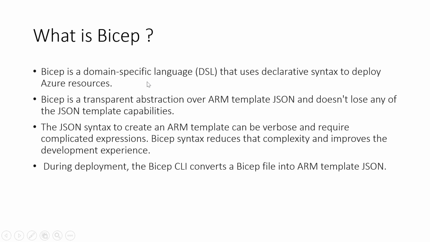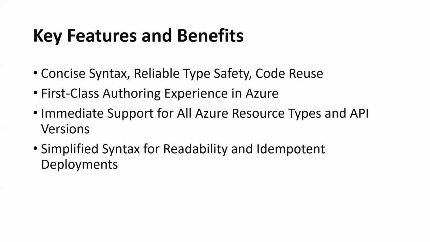And very similarly, during deployment, as I mentioned, your Bicep CLI will convert your Bicep file to your ARM template JSON file. So you don't need to learn ARM templates for this. You need to understand what the different things in an ARM template are just for understanding, not necessarily. But if you know it, the Bicep part is pretty easy for you. But we will see how we can make it easier for you.